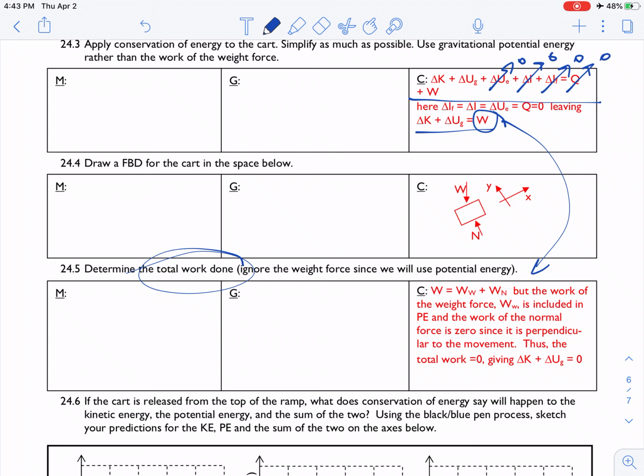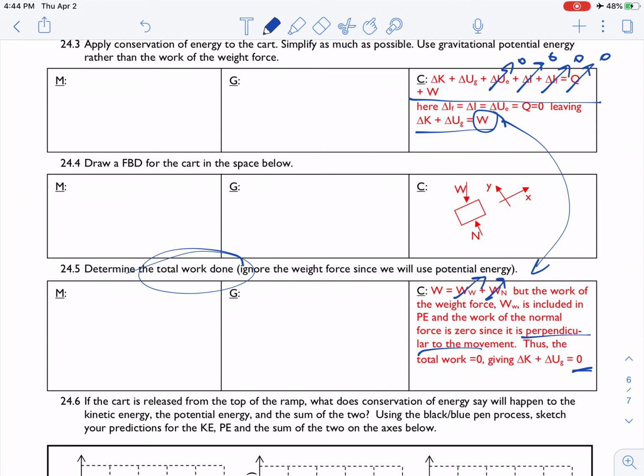But we already use the weight force as delta UG, so we are getting rid of the work done by the weight force, and it's the potential energy. And the normal force doesn't do work because it's perpendicular to the motion. Okay, that goes to 0 as well. That means there is no total work, and the right side is going to be simply 0.